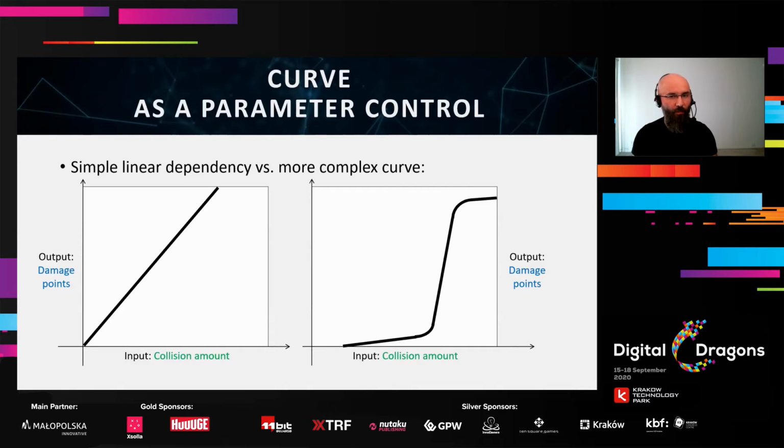And this is also very common: many times you start with some behaviors as a simple linear dependency, like the graph on the left, but you end up in the final game with something more complex, which is the curve on the right. So if your technology allows you to specify these kinds of curves in data, or just draw them in the editor, this is very useful, and it can really give you much more sophisticated behavior in your game.